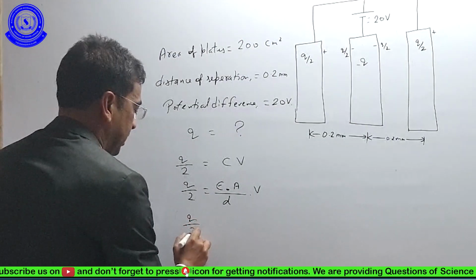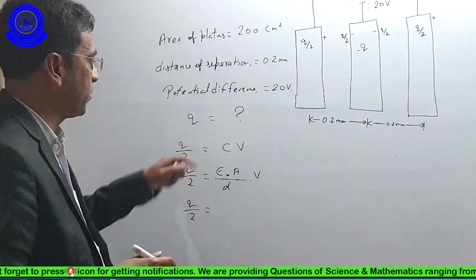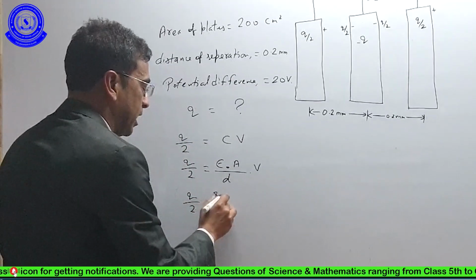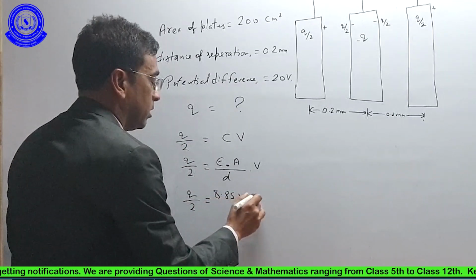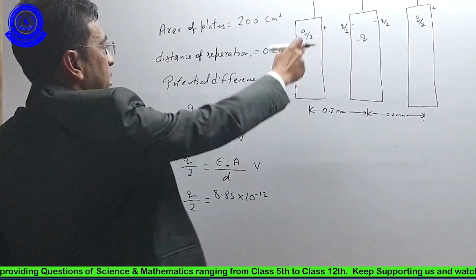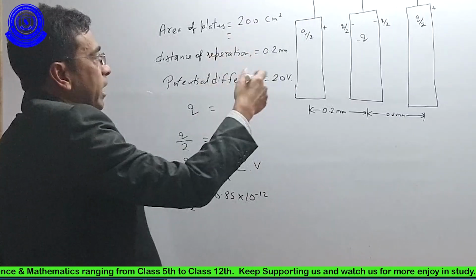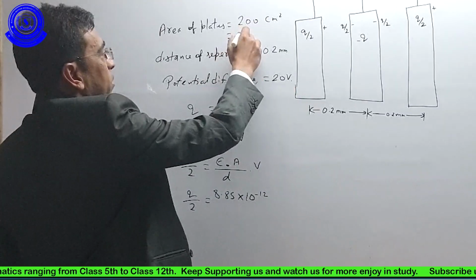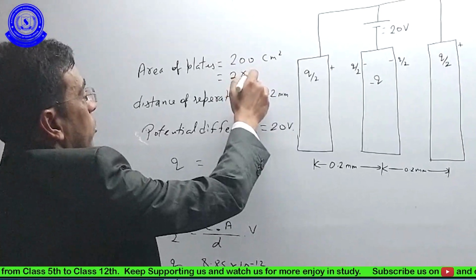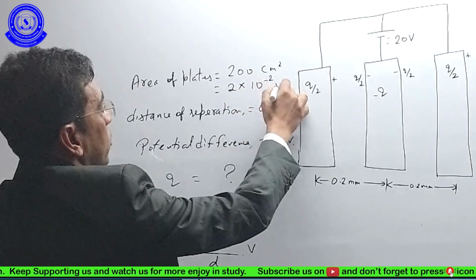If we calculate it, putting the value of permittivity of free space epsilon naught, which is 8.85 into 10 to the power minus 12, and the area of this parallel plate is 200 centimeter square, and in meter square it will be 2 into 10 to the power minus 2 meter square.